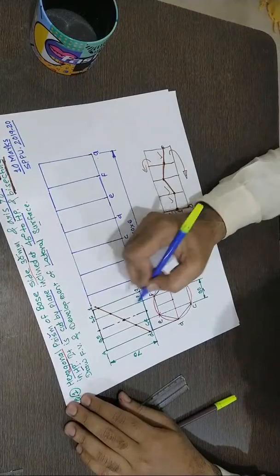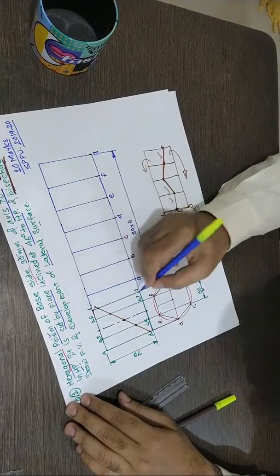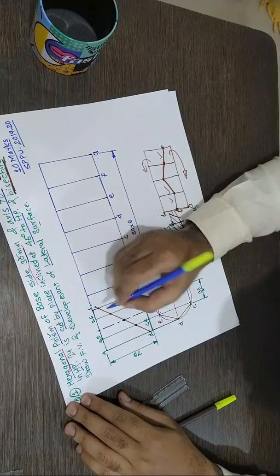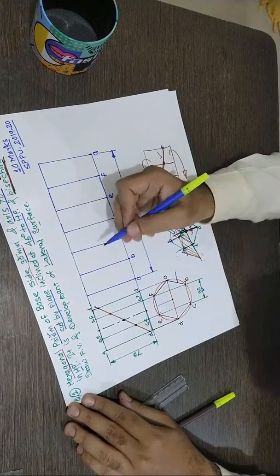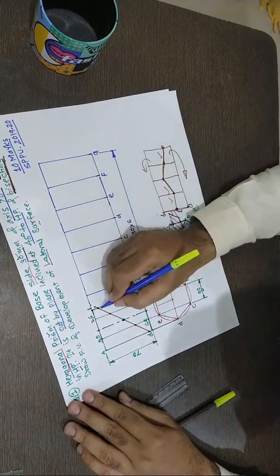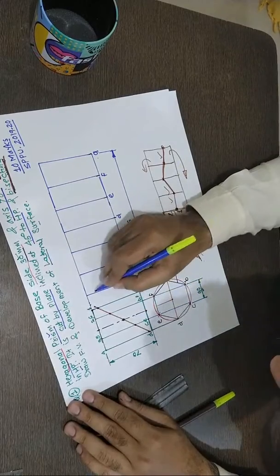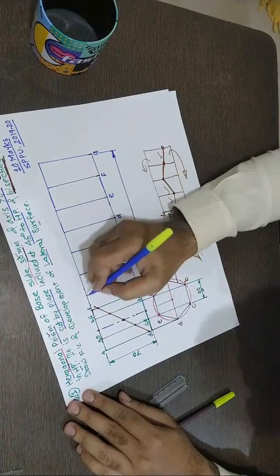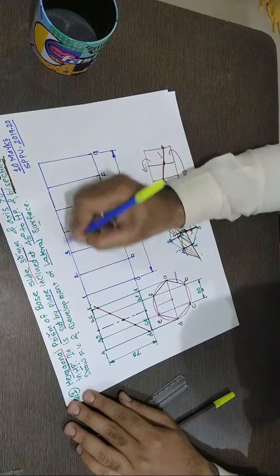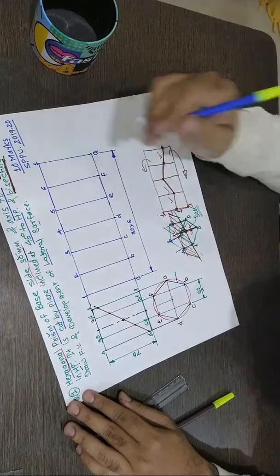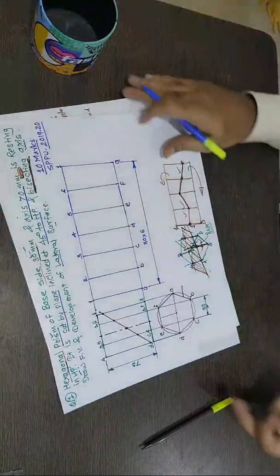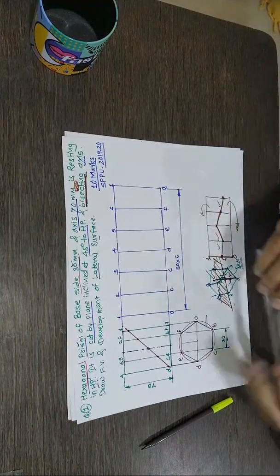Now, the A1 edge is cut by this cutting plane at a 45-degree angle. Now this point I need to transfer onto the corresponding edge. So A1 will be transferred onto the A1 edge. So you can give the names A1, 2, 3, 4, 5, 6. Again 1, A1. Now it's very simple. Just take a projection.